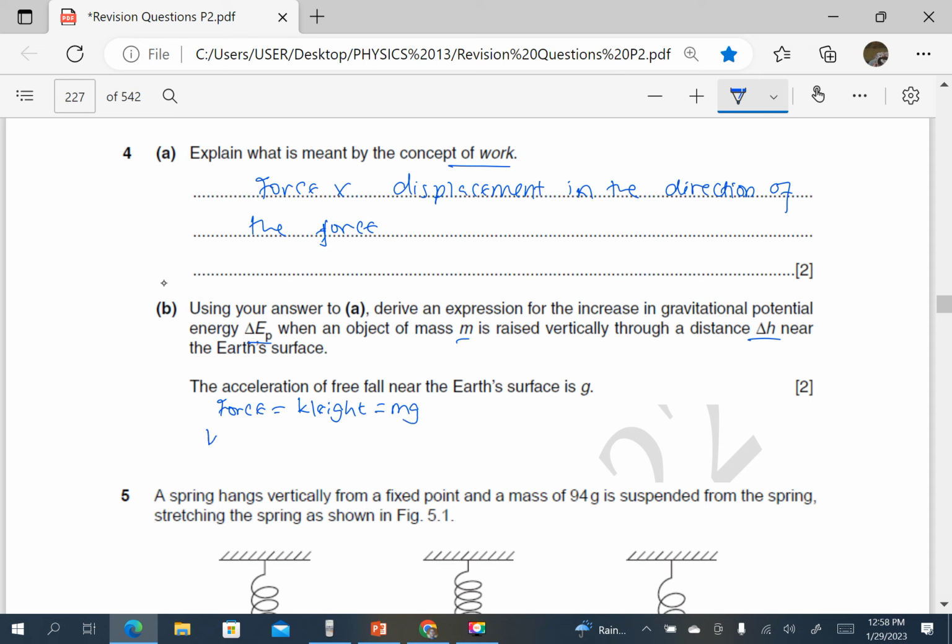So the work done is equal to the change in gravitational potential energy, which is the force, mg, times the distance, h. Hence, it is simply mg change in h.